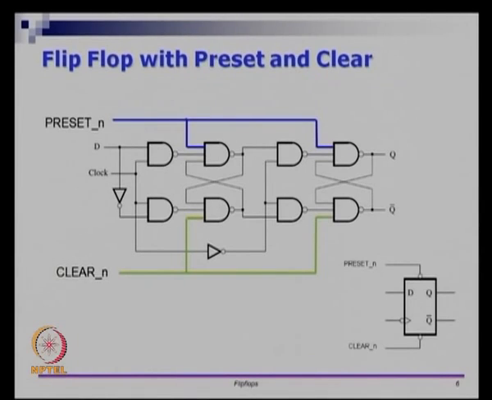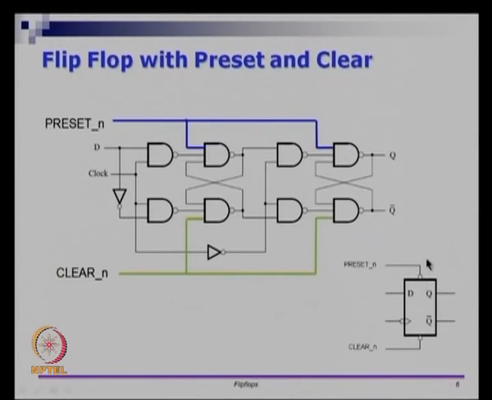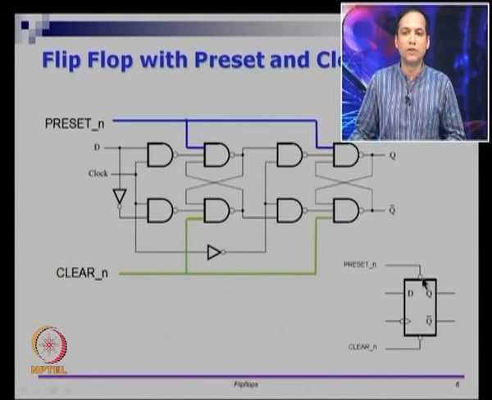So, the symbol for that is as follows. Typically, you put 2 different lines here and these bubbles mean that they are negative logic. So, if you do not have the bubbles, then if preset is 1, Q will become 1, if clear is 1, Q will become 0. So, clearly you do not want preset and clear both to be 1 at the same time, right, then there is no meaning attached to it.